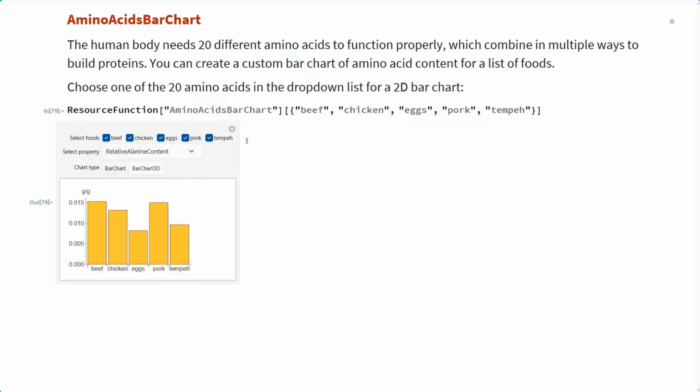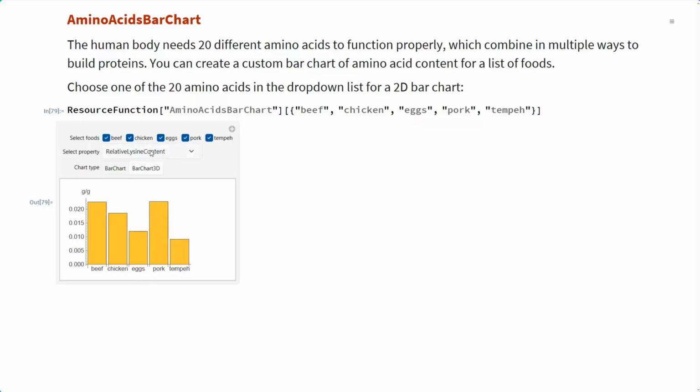What you do is just put in the foods that you're interested in terms of the amino acid content, and then you're going to get a drop down list of all 20 amino acids. So you can see, I can quickly and easily choose a variety of amino acids to make a comparison of my list of foods. In this case, I'm using these protein sources.